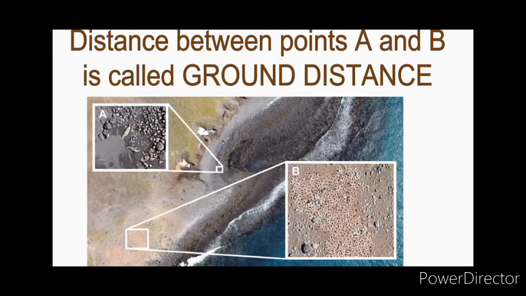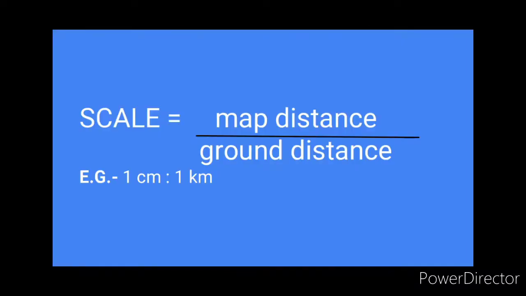Why do we need to know this? It is to determine the scale. The scale is generally the ratio between the map distance and the ground distance. For example, 1 centimeter on a map is equal to 1 kilometer on the ground.